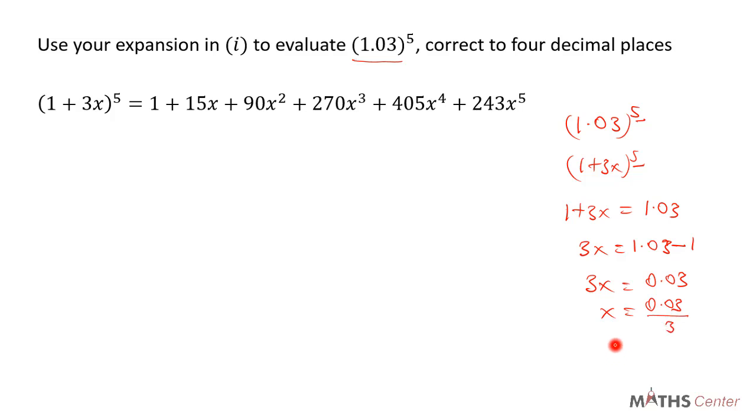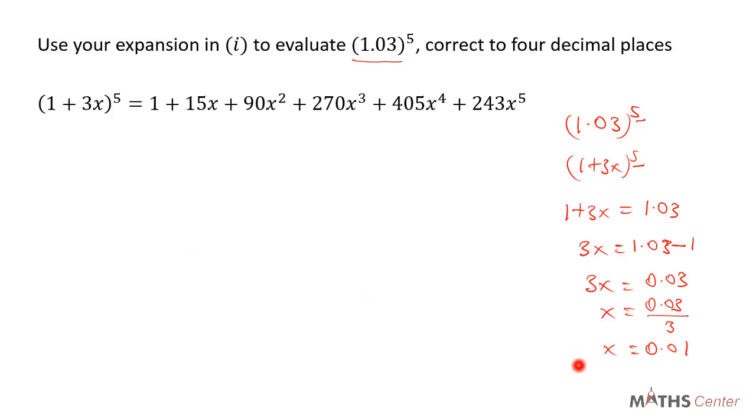And so x will be equal to 0.01. So what this means is that if we want to use this expansion to evaluate 1.03 exponent 5, then we will have to substitute x is equal to 0.01 into this expansion.